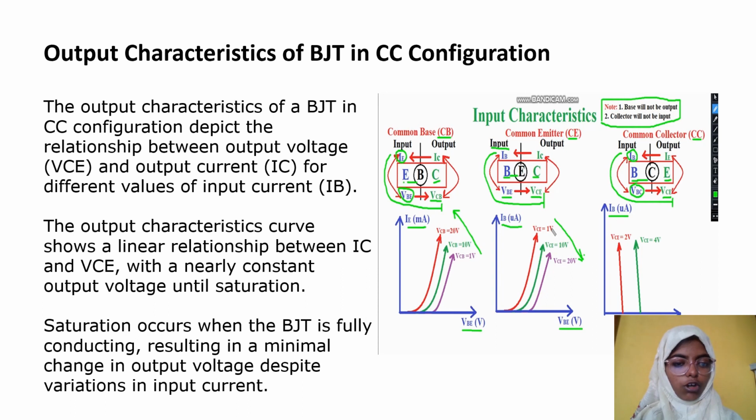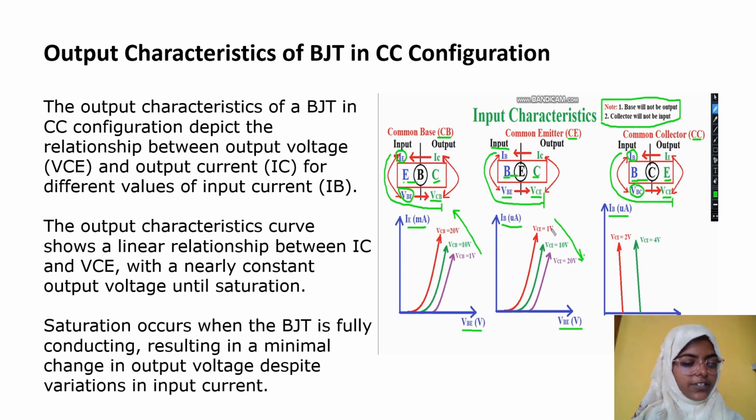Output characteristics of BJT in CC configuration. The output characteristics of BJT in CC configuration show the relationship between output voltage VCE and output current IC for different values of input current IB.